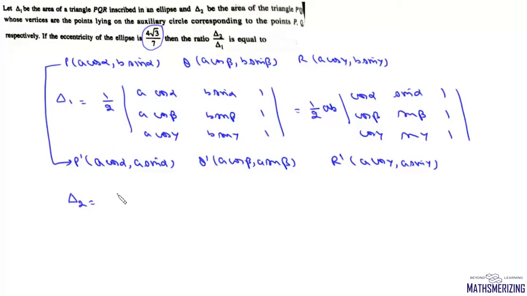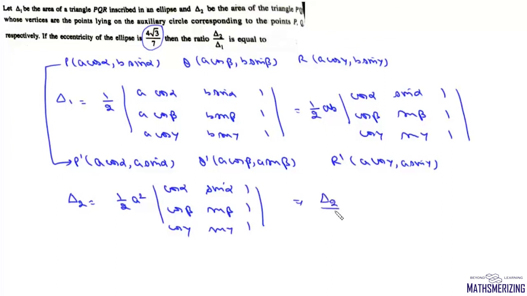So in that case, we'll get 1 by 2 a square, and then the determinant with rows cos alpha, sin alpha, 1; cos beta, sin beta, 1; and cos gamma, sin gamma, 1. Now we'll need to find the ratio of delta 2 and delta 1. So delta 2 upon delta 1 will simply be a upon b.